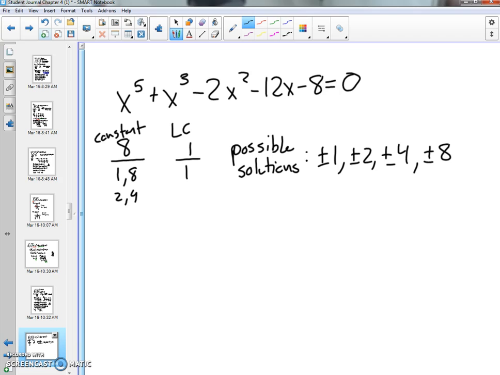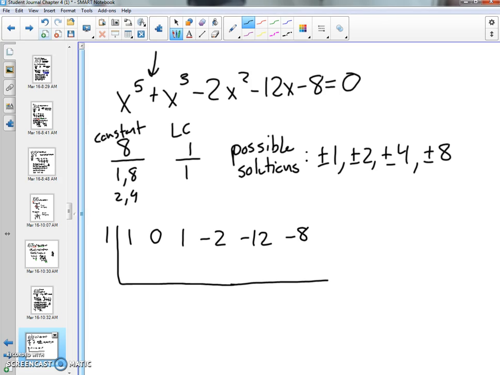So looking at that, let's go ahead and try 1. So what I have to pay attention to here is that there's no x to the 4th term, so I do need that placeholder. Okay, so I'm going to do the synthetic division now.